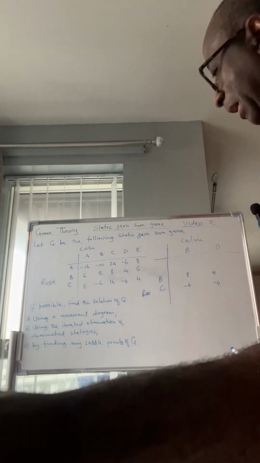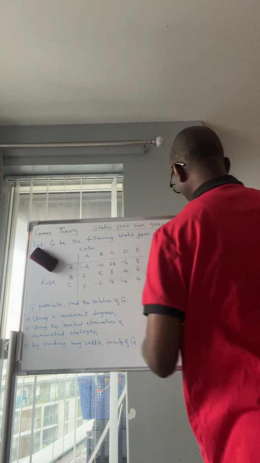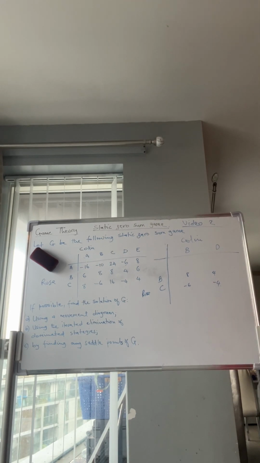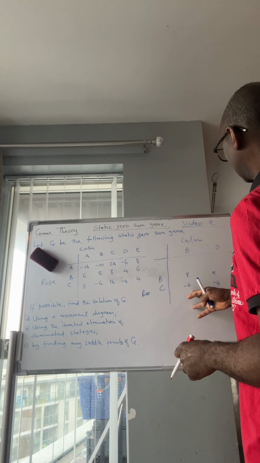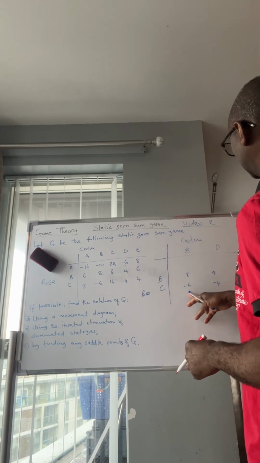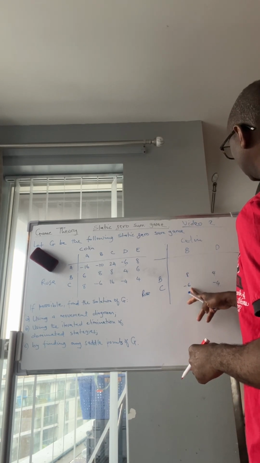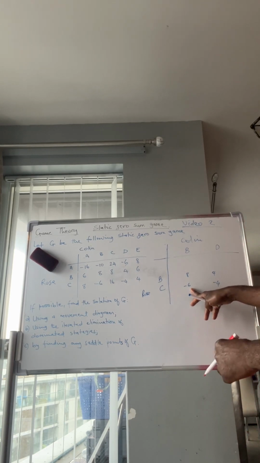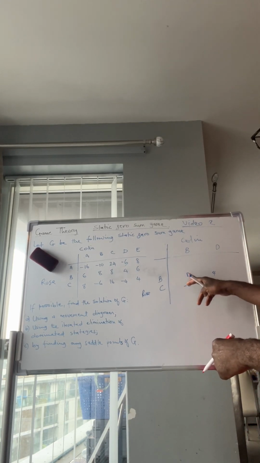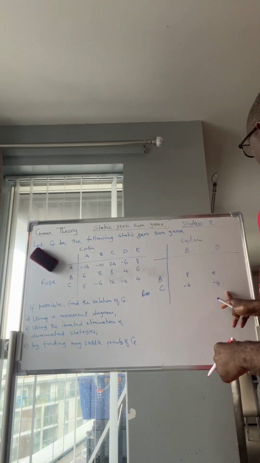So now we are left with B and D. Column, the bigger one goes. This is bigger than this, but this is smaller than this.